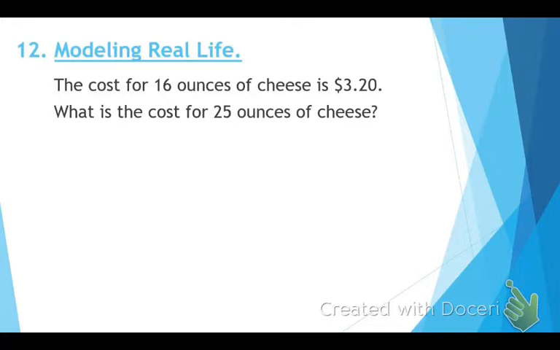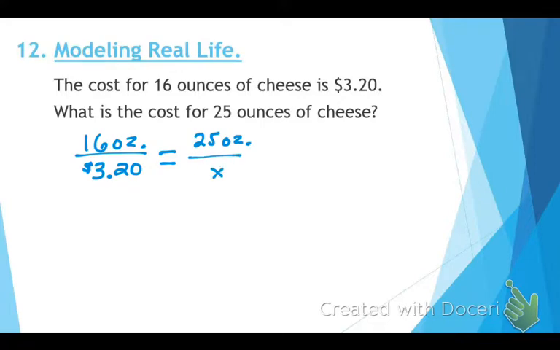First thing we're going to do is we're going to see the cost for 16 ounces was how much, guys? $3.20. So notice I have ounces on the top and money or dollars at the bottom. So for this, when I equal it, the ounces have to go on the top. That's where people have made the most mistakes. You've got to have them compared equally, which means the mystery money that we're trying to figure out is going to be down there on the bottom, okay?